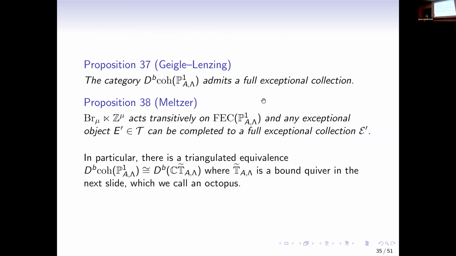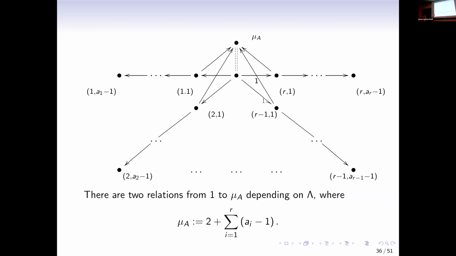Anyway, this category admits a full exceptional collection due to Geigle-Lenzing, and the braid group action is transitive on the set of exceptional collections. Also there are several categorical equivalences. For example, we can use this diagram of equivalence relations.